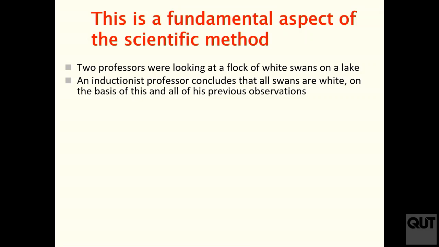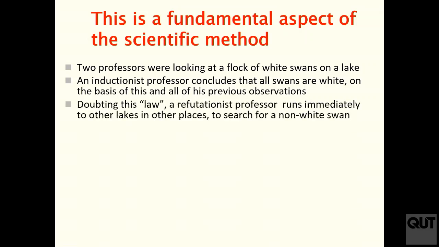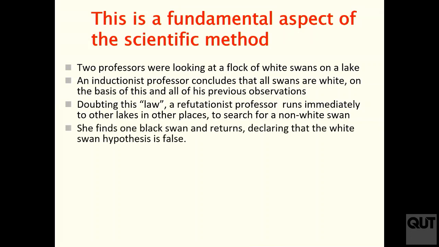Every swan I've ever seen is white, therefore all swans are white. I have a law. A refutationist professor runs immediately to another lake and, looking for a non-white swan, finds one black swan and returns declaring the white swan hypothesis to be false.